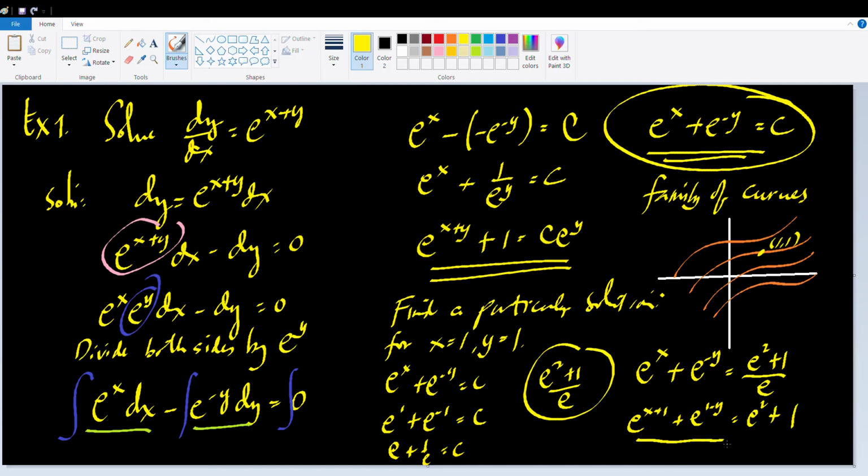Okay? So that is the particular solution. Let us say we want to find the particular solution where x is 0 and y is 0.